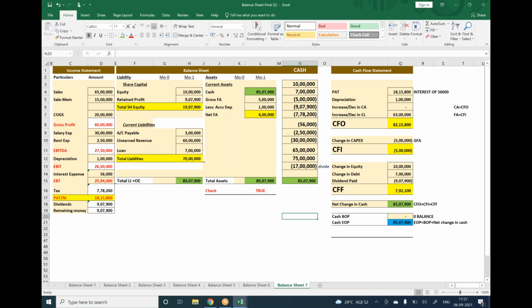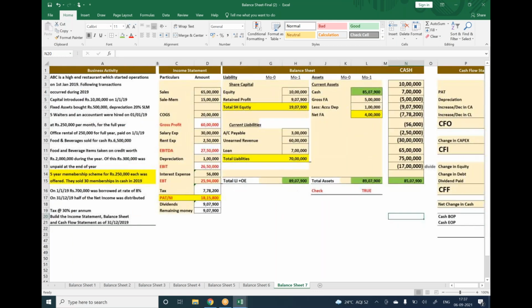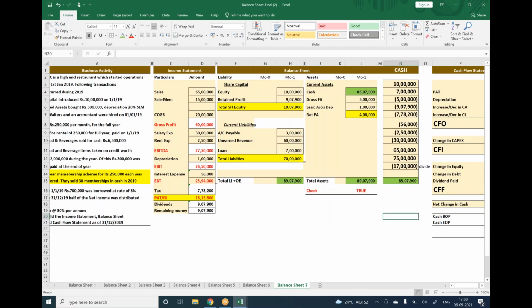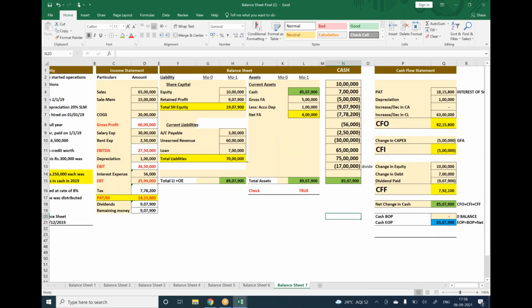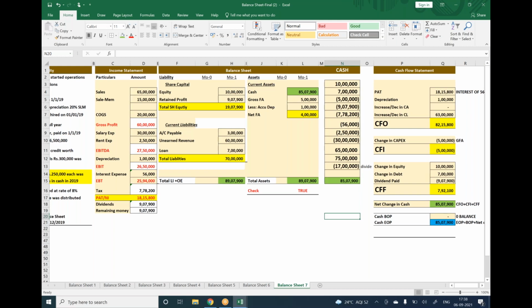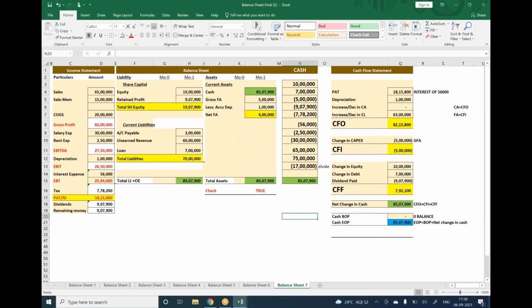Okay. See, one thing is this is like a template which made it easy for you, right? But in real time, you don't get this template. It's again how the company policies are followed. What they take in CFO, what they take in CFI will be predefined by the companies. This is actually a very, very basic part, but when you actually see the real balance sheet, the income statement is very big.